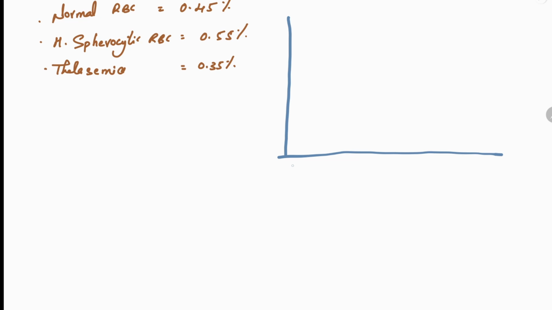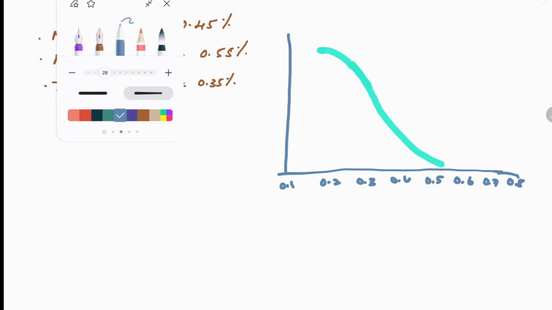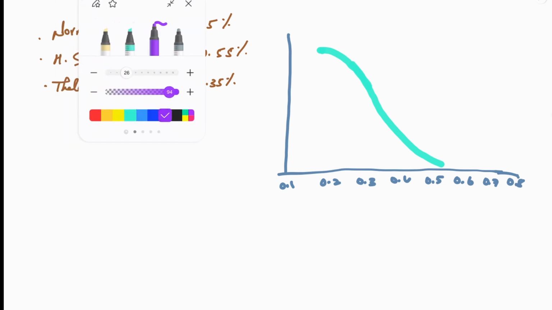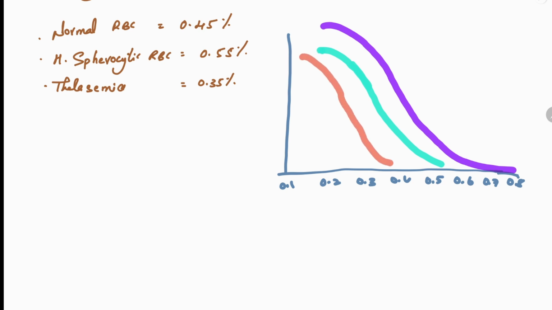So if you draw a graph, for example this is 0.1, 0.2, 0.3, 0.4, 0.5, 0.6, 0.7 and 0.8. This is the normal thing. They get destroyed in the 0.5. And in case of hereditary spherocytosis, they get destroyed in 0.7 like that, and whereas in thalassemia they get destroyed in 0.35 like that.